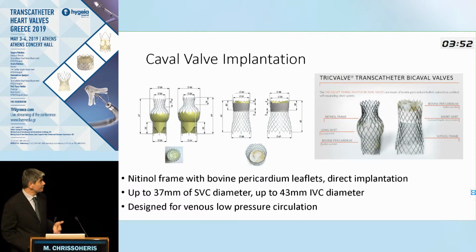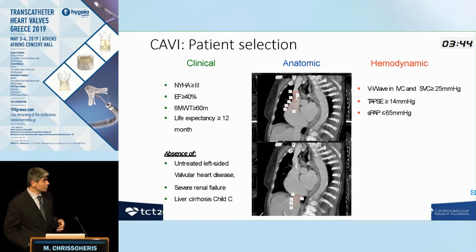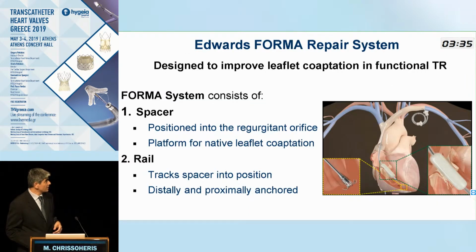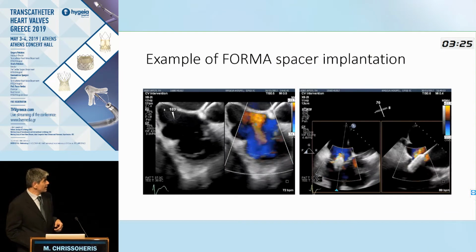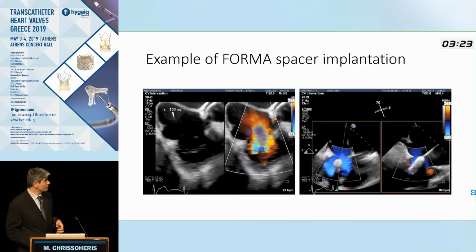Another technique that's fairly different is the implantation of caval valves in the superior and inferior vena cava, somewhat protecting the caval circulation from the torrential V waves of severe tricuspid regurgitation. There's also the Forma spacer technique, where a spacer is implanted within the tricuspid annulus in order to provide a surface of coaptation for the tricuspid leaflets, and with that decreasing the degree of regurgitation.